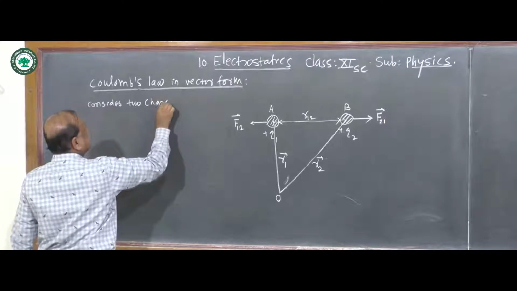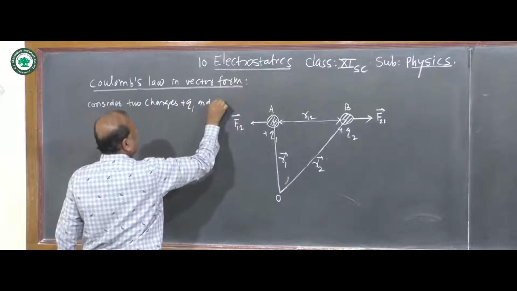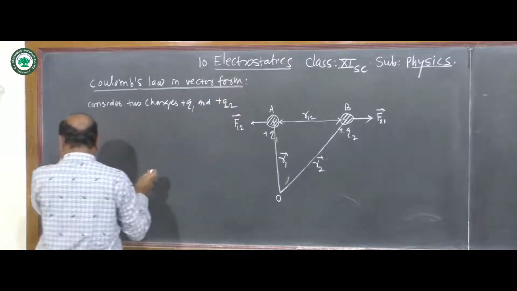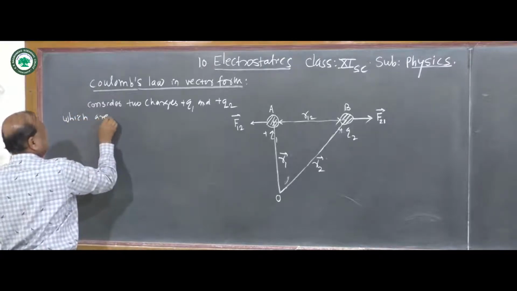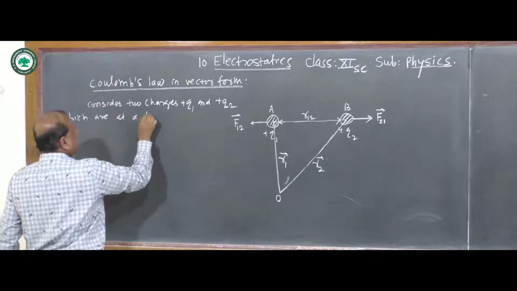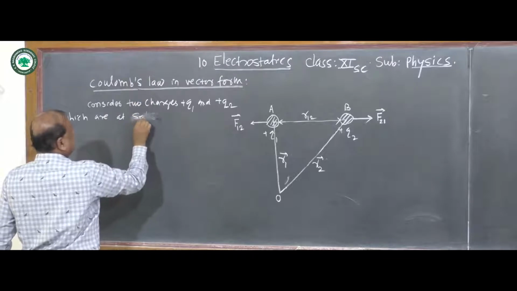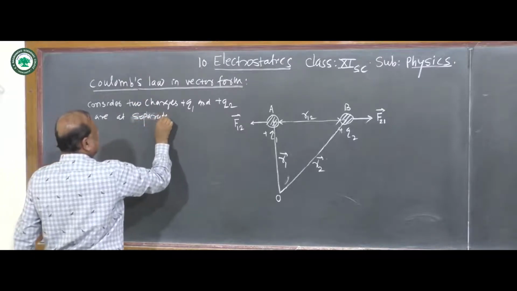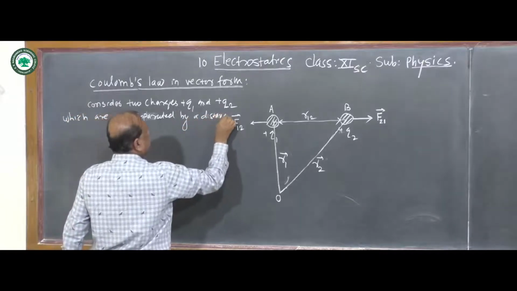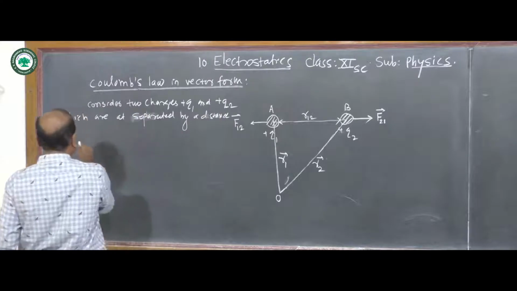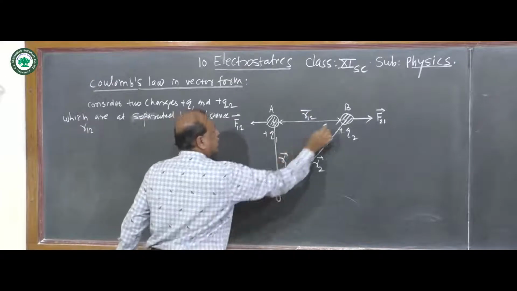Now here consider two charges, plus q1 and plus q2, which are separated by a distance R12 bar.